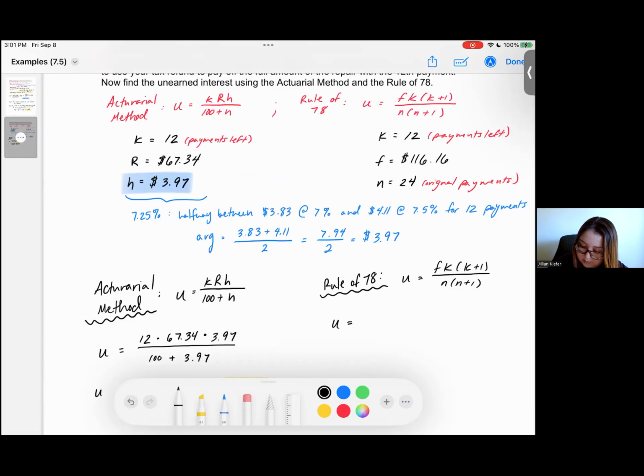We'll get U is equal to our finance charge, $116.16, times the number of payments we have left, 12, times 12 plus 1, which is 13. And then we're going to divide by the original number of payments, 24, times 24 plus 1, which would be 25.